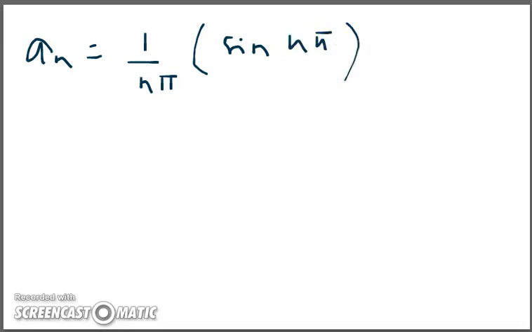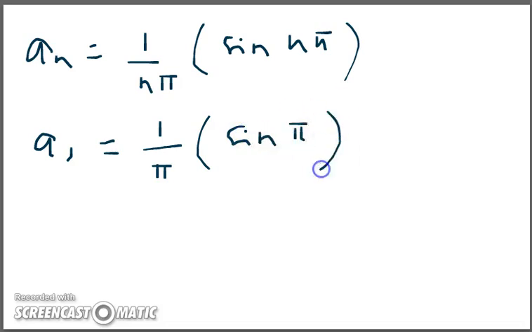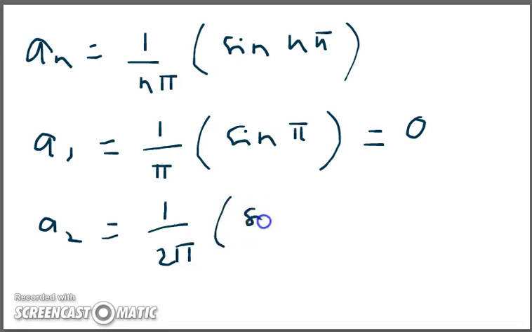We can first identify a1. A1 is when n equals 1, so we have 1 over pi sine pi, and sine pi equals 0. A2 is when n equals 2: we have 1 over 2 pi sine 2 pi, which also returns 0.